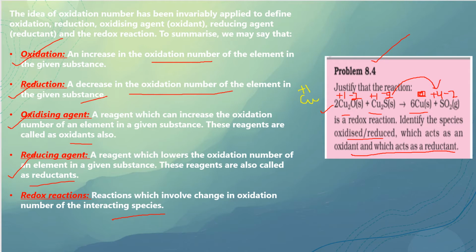And sulfur is getting oxidized by loss of electrons. I should not say sulfur, I should say sulfide because it is S with 2 negative charge. So what is getting oxidized is sulfide, oxidized to S with 4 positive charge. So this sulfide in Cu2S is the reducing agent, that is reductant. So this is how we identify.